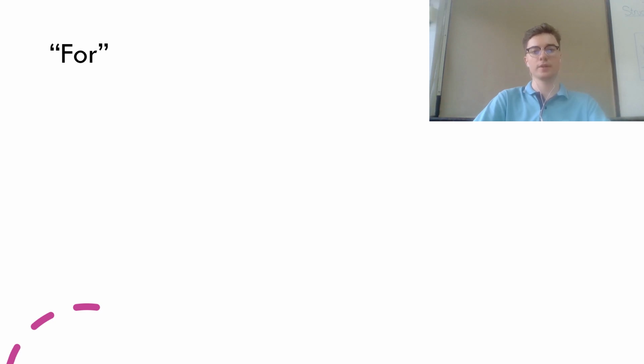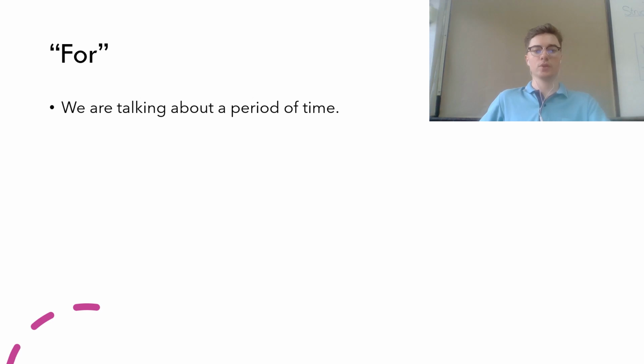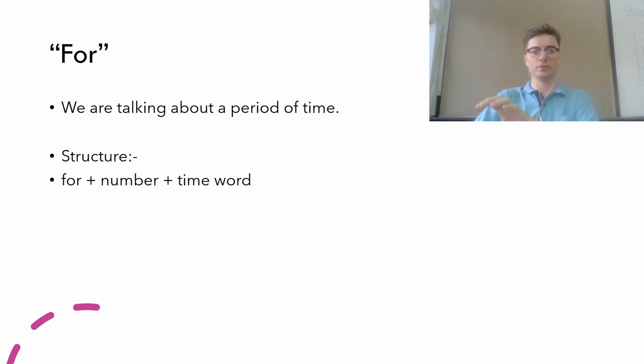And one way to do this is to add for after verb 3. Okay? When we use for, we are speaking about a period of time. And to structure this, we have for, a number, and a time word.